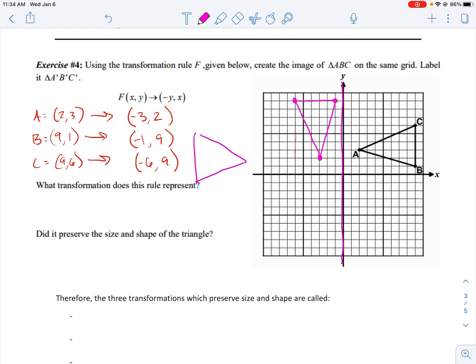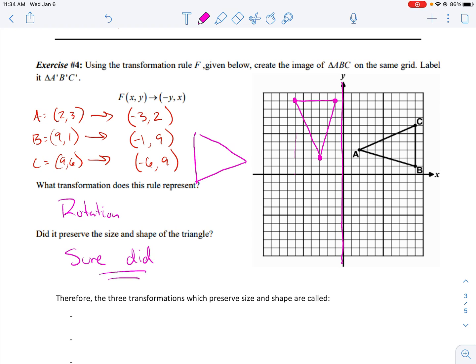We didn't just shift it. And the triangle doesn't appear to be smaller, and so this is what we would call a rotation. In fact, it looks like it rotated 90 degrees, and we will talk about how we come up with that, but this is a rotation. So did it preserve size and shape? Sure did.